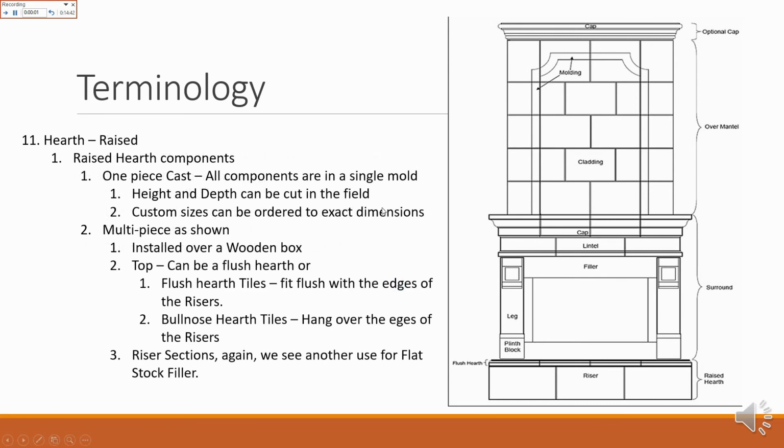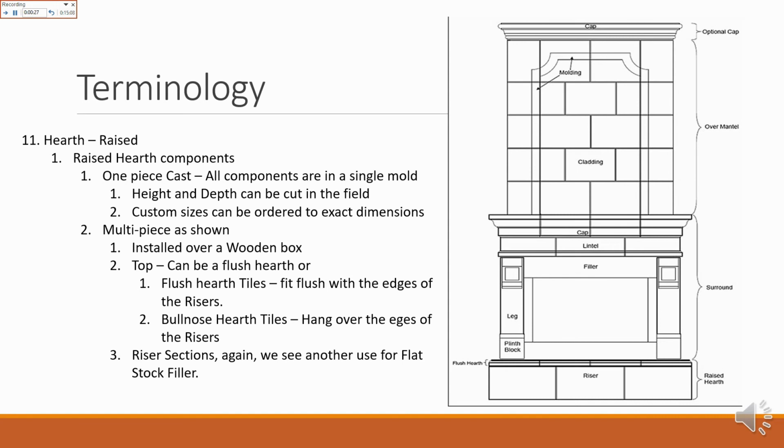Okay, now the raised hearth components. This particular hearth that's shown could either be a wooden box with risers and a flush hearth for the top, or it could be a one-piece cast raised hearth. HearthCo is able to make a variety of different sizes of one-piece flush top raised hearths.